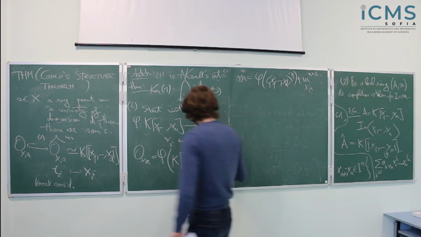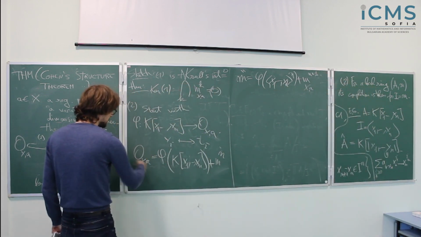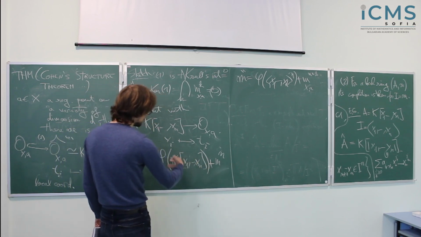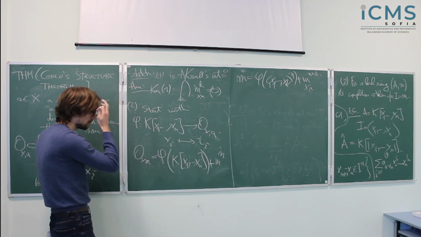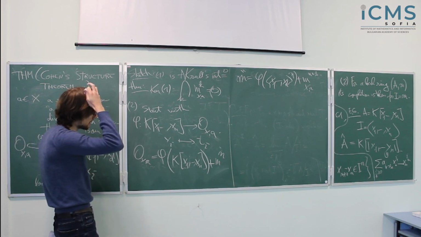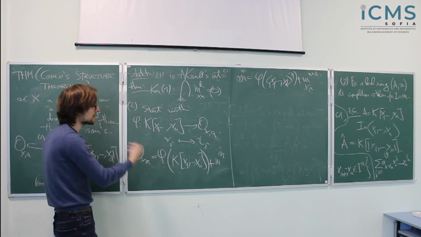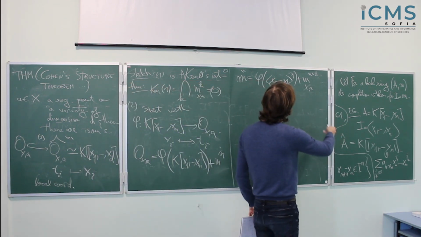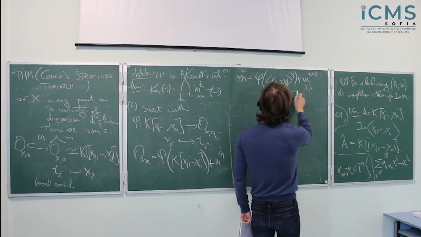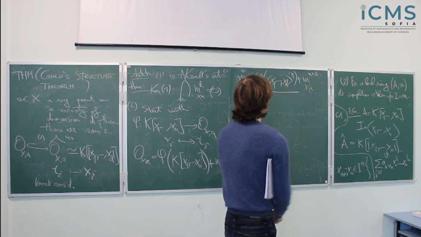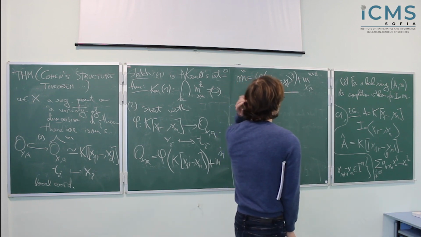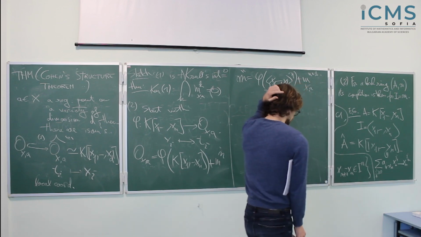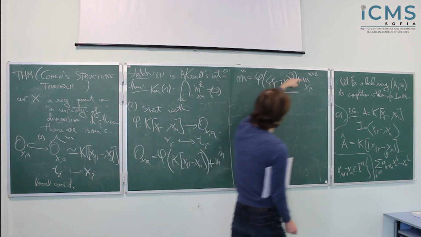So you can take an element in your ring and approximate it by a polynomial expression in the local coordinates, essentially by trying to find its Taylor expansion. And the remainder of this Taylor expansion looks like something in the maximal ideal with a higher power.